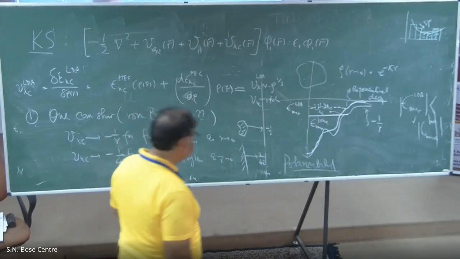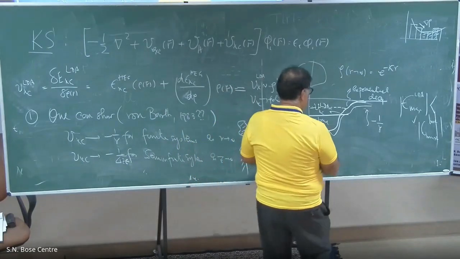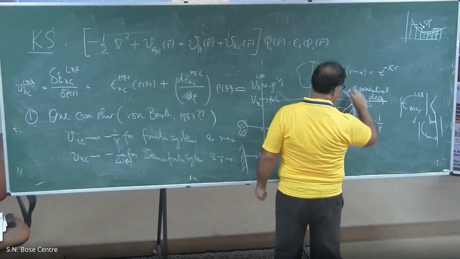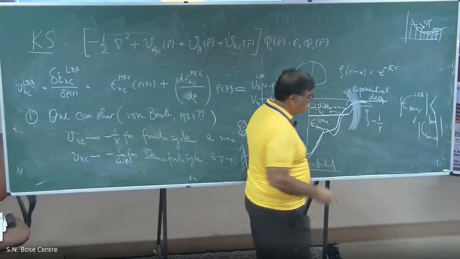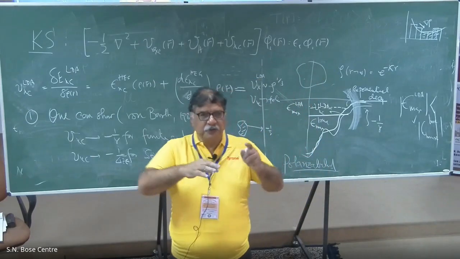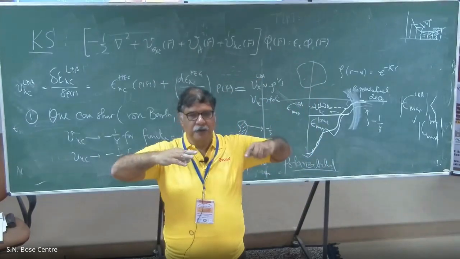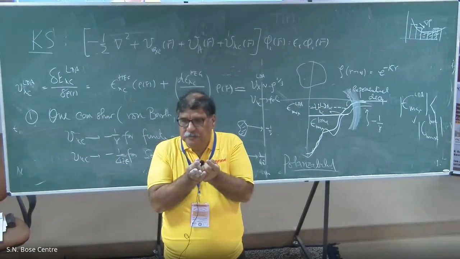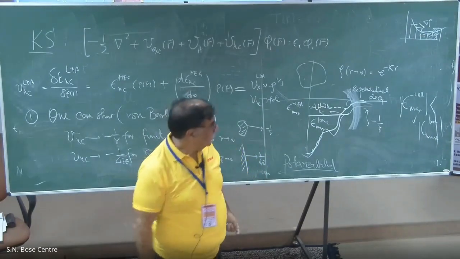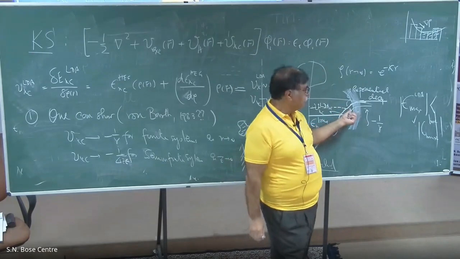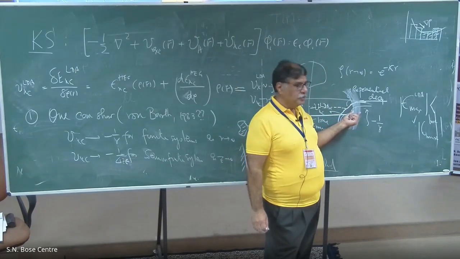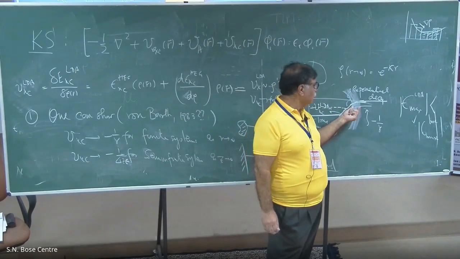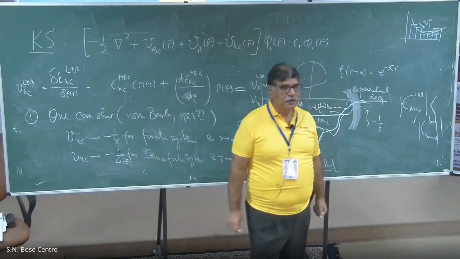Now, polarizability depends on the density outside. So when you apply a field, outside electrons respond to it, and inside is shielded. Is that okay? Now we are talking about regions out here where the density is different from the true density.